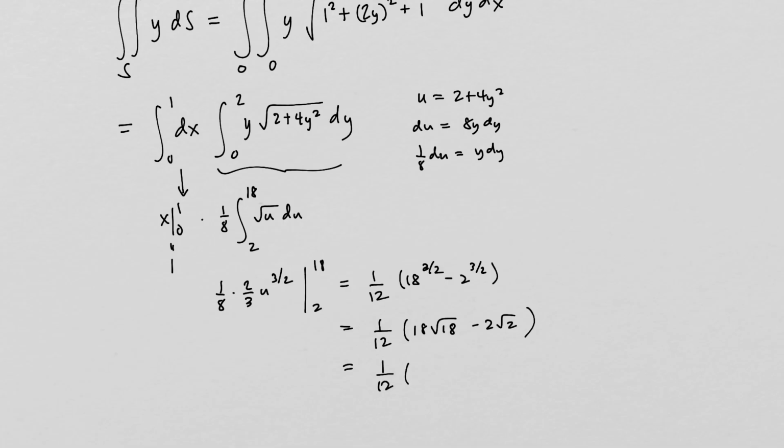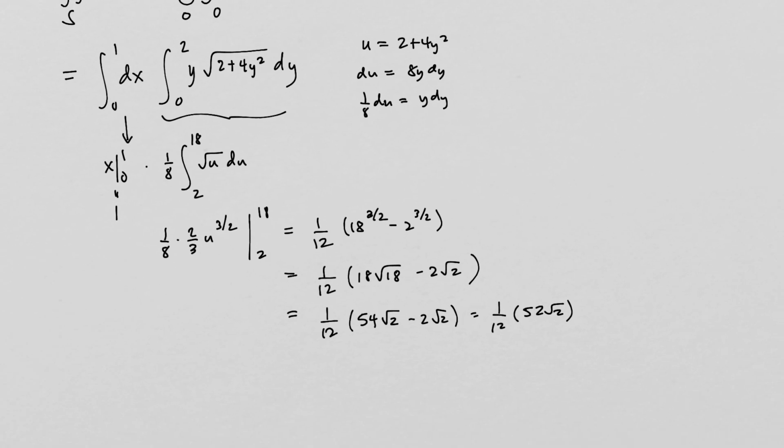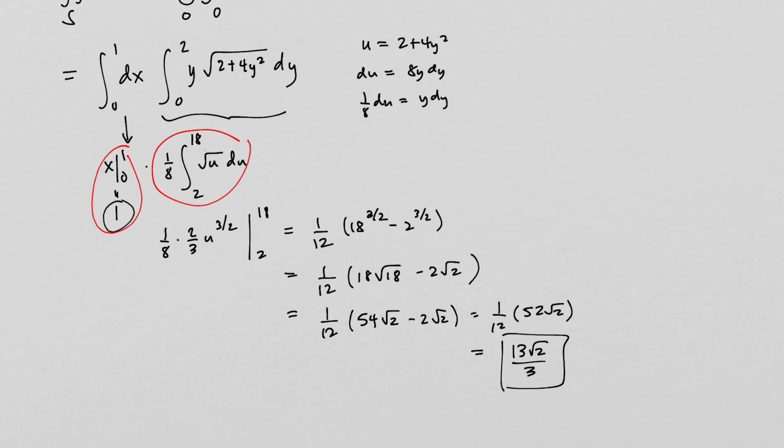And so we have 18 times 3 is 54 radical 2 minus 2 radical 2, which is 1/12 times 52 radical 2. And if we do a little simplifying, we can divide by 4 and get 13 radical 2 over 3. And this is our answer because the other integral, remember, was equal to 1, right? And so when we multiply 1 times the value of this integral, we simply get this answer.